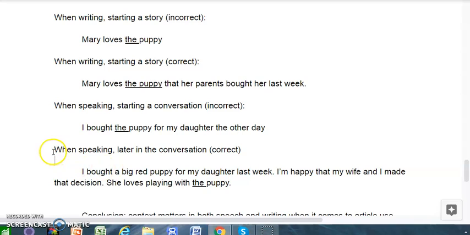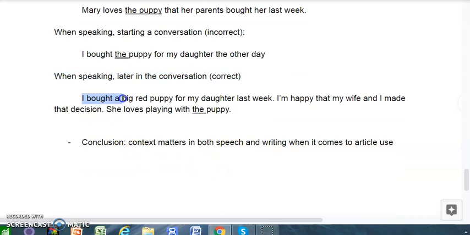Now, on the other hand, if you're speaking to them and then later in the conversation you say something like this, I bought a big red puppy for my daughter last week. Okay? Notice the indefinite article. I'm happy that my wife and I made that decision. She loves playing with the puppy. Now, the second use of the now clarifies for the reader which puppy you're referring to. They now understand who the puppy is.